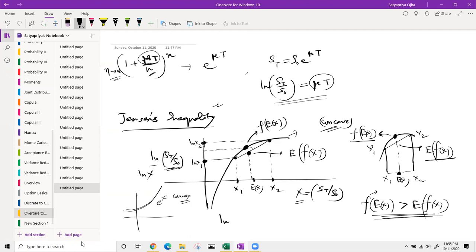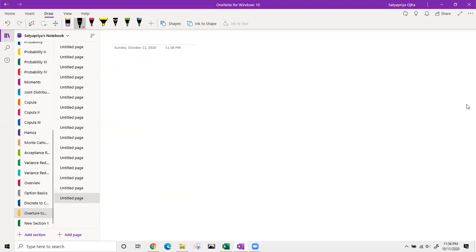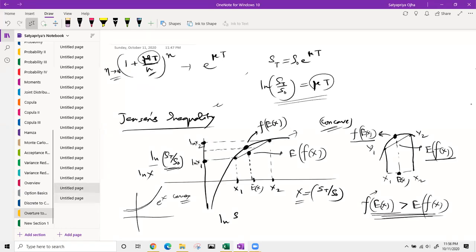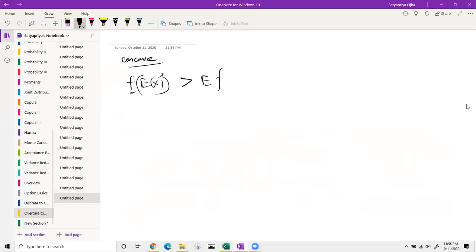So I can say ln using this result. Let me rewrite it again. For a concave function, f of E[x], where x is the independent variable and f is the function of x, is greater than the expected value of the function evaluated at x.